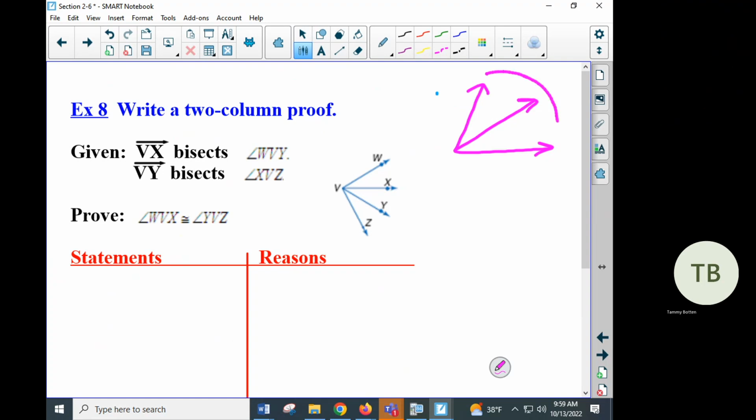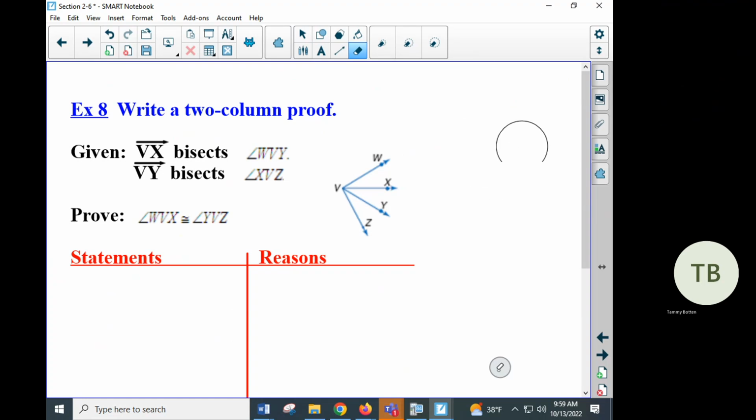So if this was a 60-degree angle, this ray would split it in half, and each of these would be 30. That's what an angle bisector is. Okay. And what they tell us here is that BX bisects angle WBY and BY bisects angle XBZ.